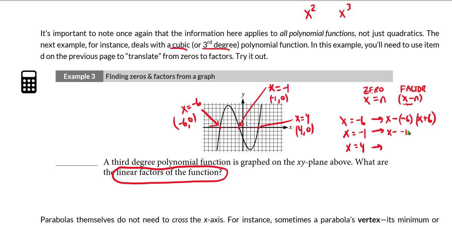Same sort of thing here, x minus -1, that's again x minus the value of the root or 0 there, and that becomes x plus 1, and then x equals 4 is just going to be x minus 4. So our 3 linear factors of this cubic function, of this third degree polynomial function, are going to be x plus 6, x plus 1, and x minus 4. Those are the 3 linear factors of this cubic function.